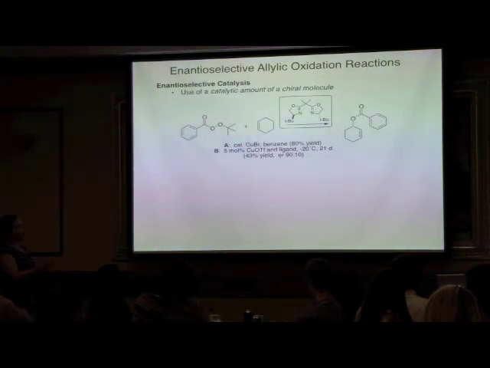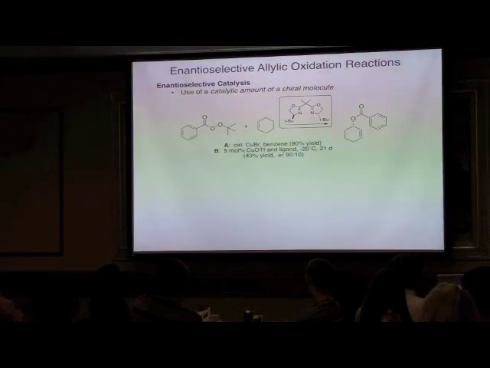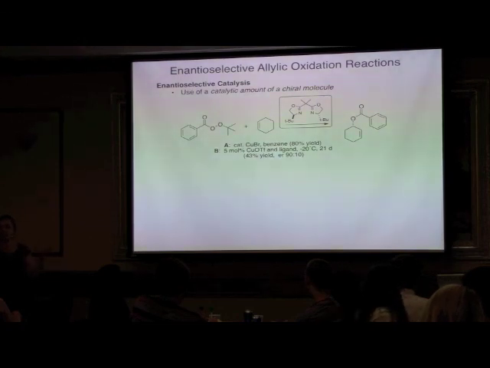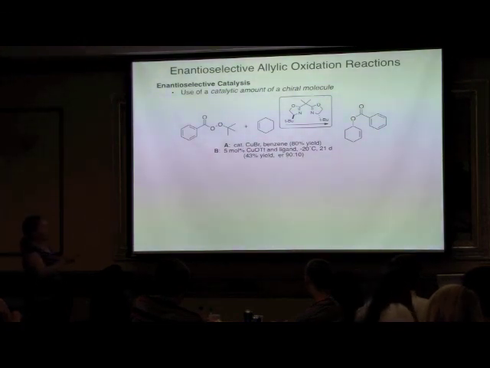One of the chiral ligands that has been used previously is this bisoxazoline ligand. You get 80% yield without the ligand, but you get a racemic mixture. But you can do this with only 5% of your copper catalyst and this ligand, so only 5% relative to the amount of cyclohexene or peroxide that you put in.